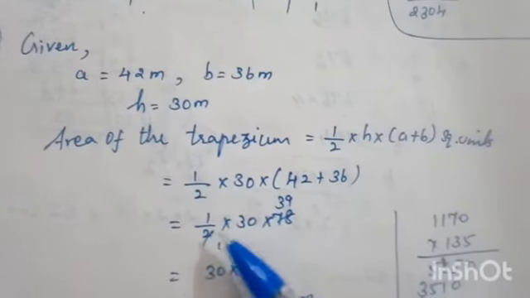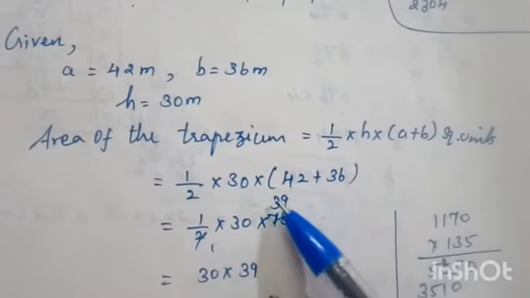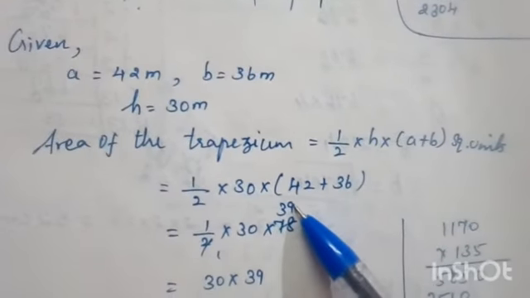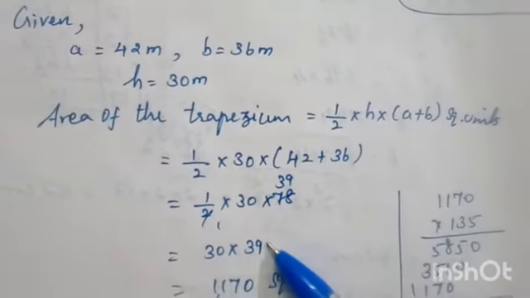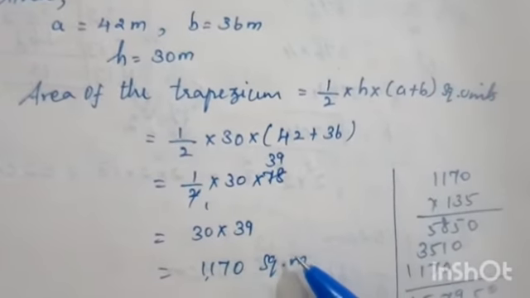Cancelling is possible, so half of 78 is 39. So 30 into 39, the product value is 1170 square meter.